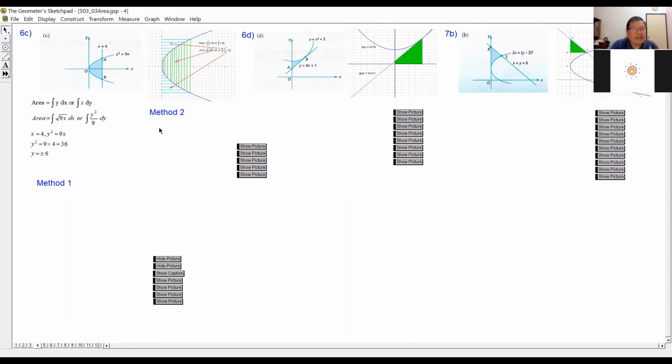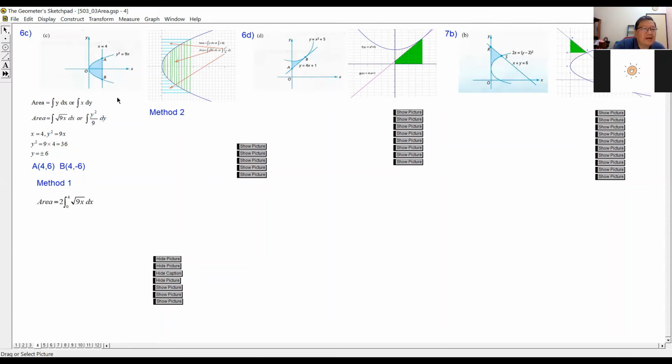Now what is the x coordinate? The x coordinate is 4, right? So the 2 points are A (4, 6) and B (4, -6). With these coordinates, I know the upper and lower limit of both integrals, right?